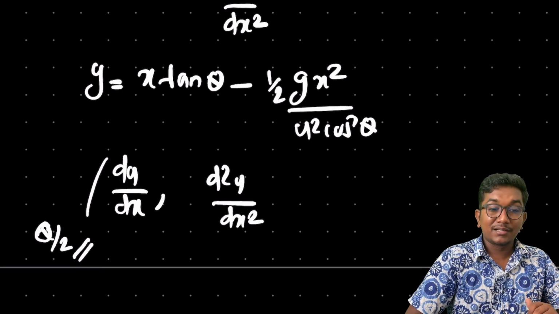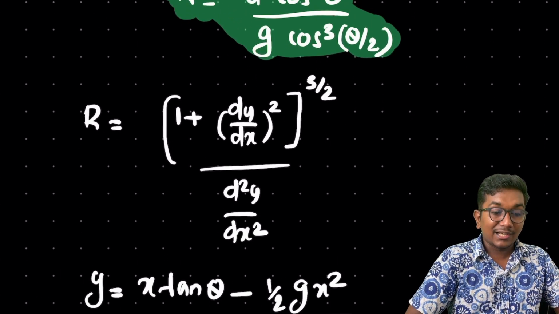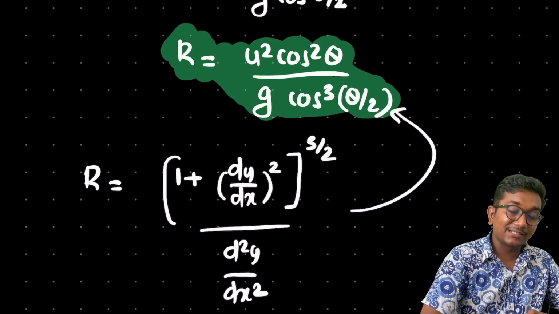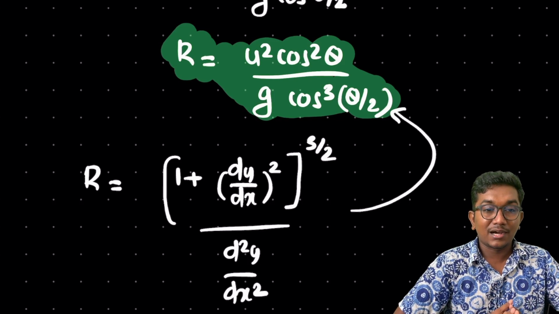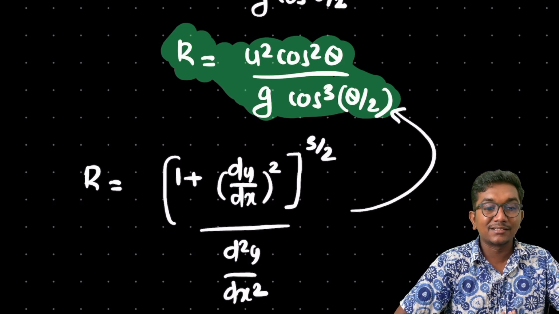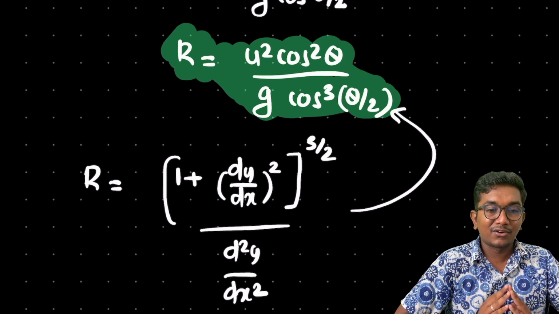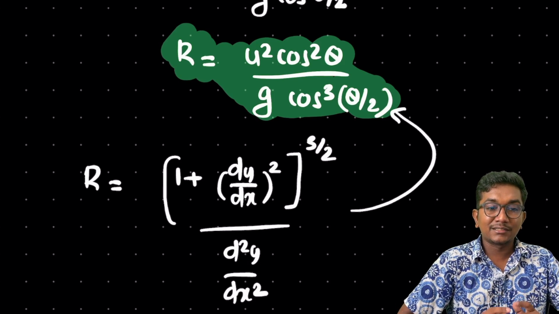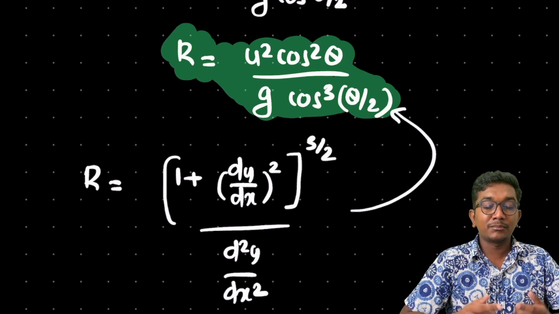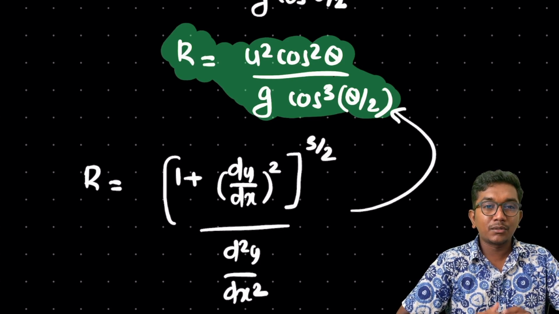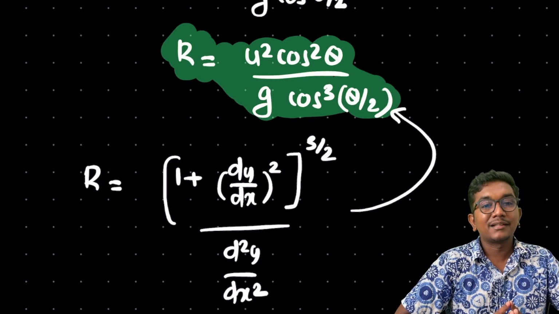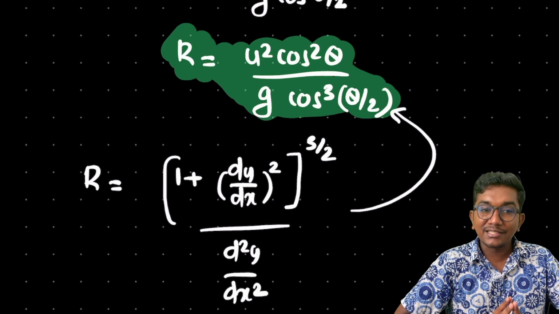That is very important. Then you substitute here and check whether you are getting this answer or not. I swear you will get the answer. All of you try. You must be thinking, sir, with the square and the power of 3 by 2, would it really work out? Yes, you would get it, and we will see it in the next video.